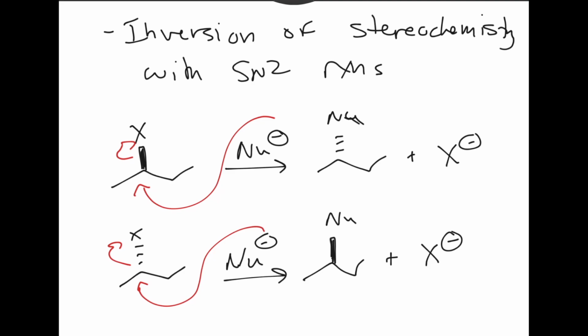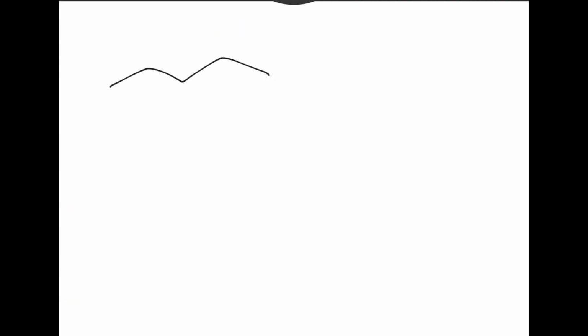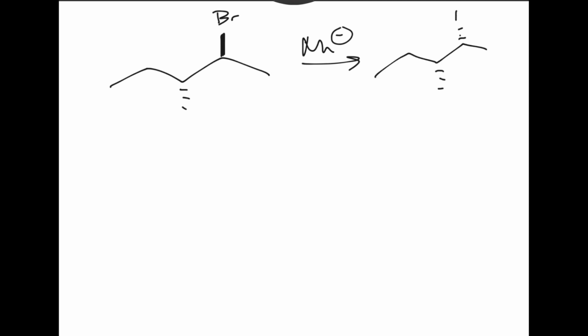So if we were to have an example, the carbon that we reacted with, our nucleophile, is going to invert the chiral center that we reacted at, but any other chiral centers in the molecule, nothing happened to those carbons, so there was no reaction.